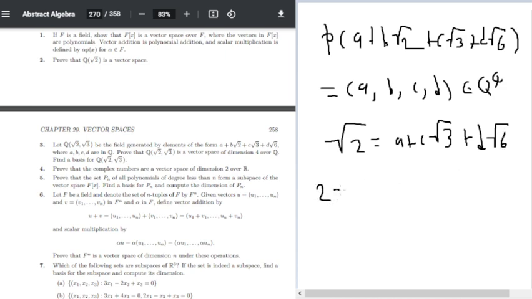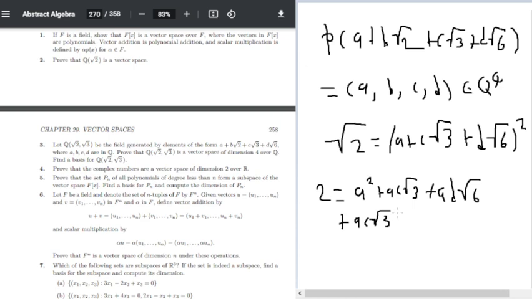Then we square it to get 2 is equal to this element squared, which is A squared plus A C root 3 plus A D root 6, plus we have A C root 3 plus C squared times 3 plus C square root of 3 times square root of 6.